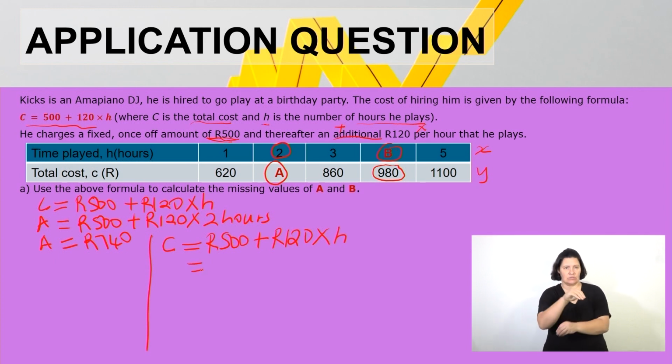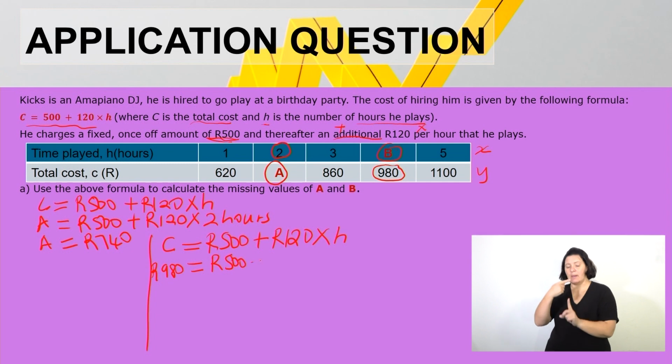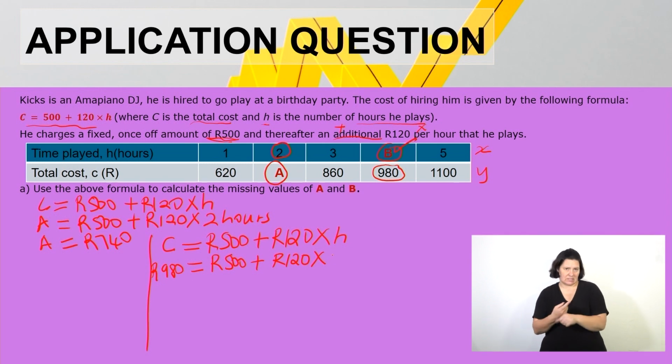So let's substitute. Where we see C, which is cost, it is now going to be replaced by that 980, which will be equals to 500 plus 120 multiplied by the number of hours, which is B. Let me just open space here.